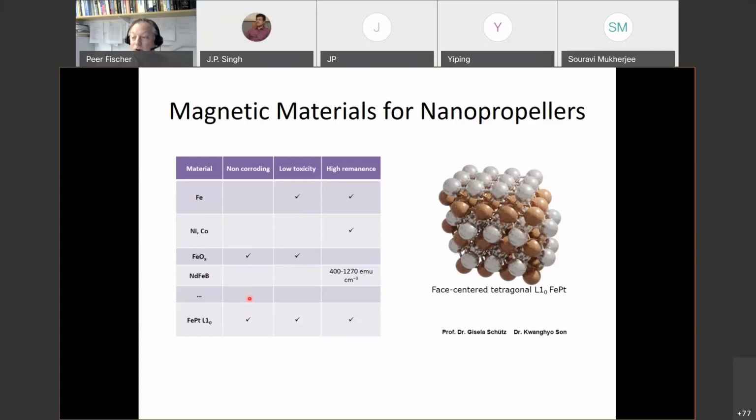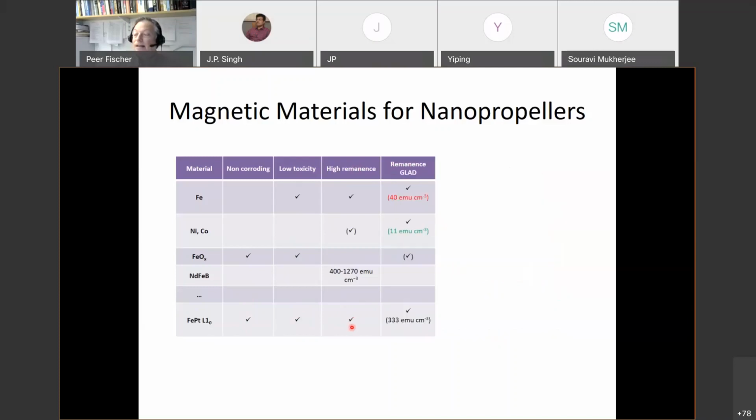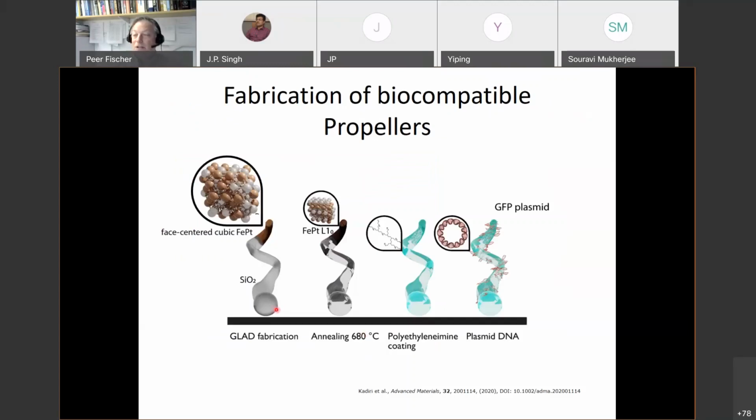They're not corroding. They are shown in many studies to be non-cytotoxic, and they have this incredibly high permanent magnetic moment once you magnetize them, this high remanence. And really tenfold of what you can do with the materials that you normally deposit. So this is a wonderful material system, and Vincent Kadiri in his PhD has demonstrated this.